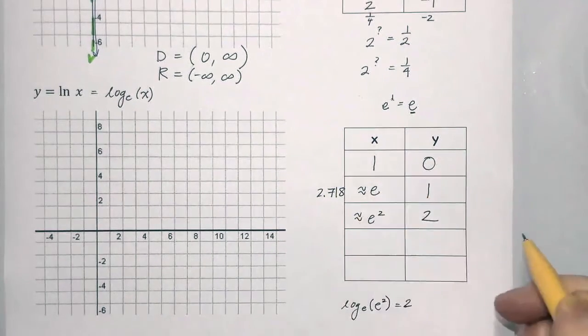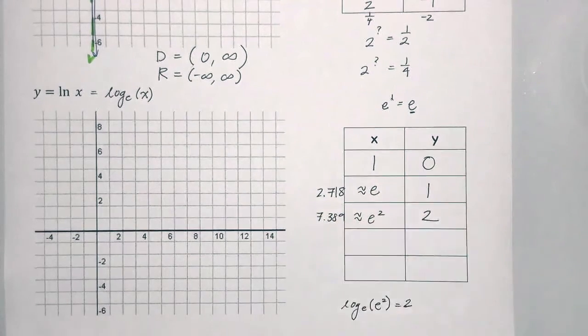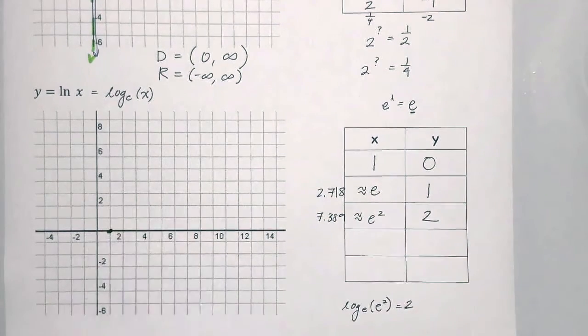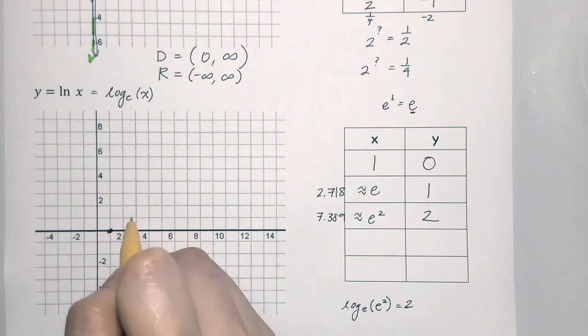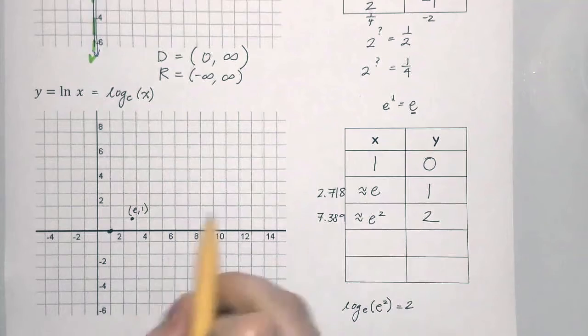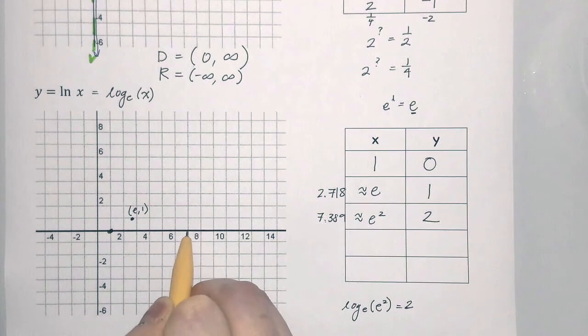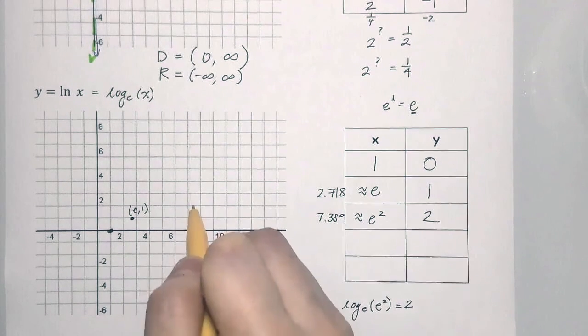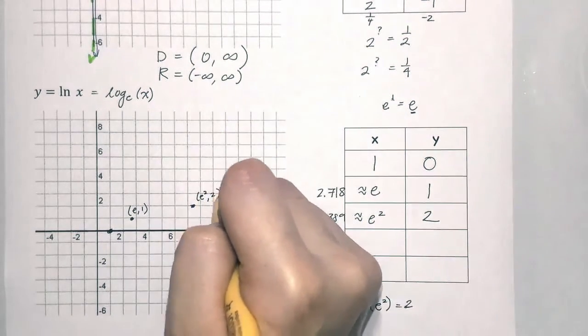The value of e squared is approximately 7.389. So I have (1, 0), (2.718, 1), so this point is (e, 1). Then e squared is 7.38, so a little over 7, up to this value right here, (e squared, 2).